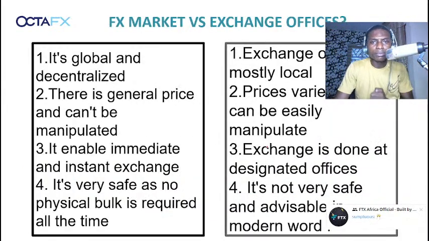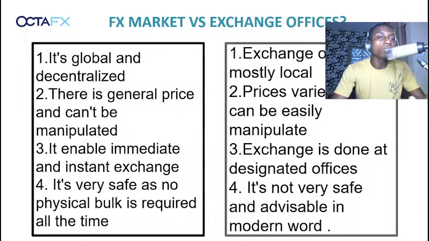Okay. Now, the forex market versus the exchange office. In the forex market, it is global and decentralized, because there is no central unit controlling the forex market. Number two, there are general prices that can't be manipulated.